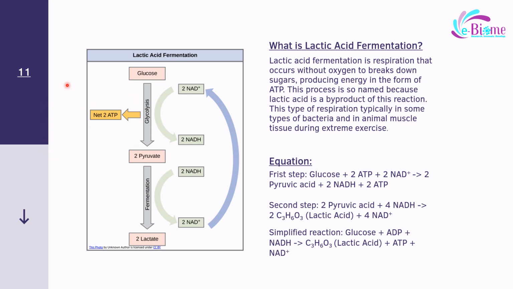As you can see, the only ATP generating step here is the glycolysis reaction, which is why this reaction overall is so inefficient. Here are the basic equations for both steps in the reaction and an overall simplification. That should make it easier for you to follow what's going on. The key thing to note is that the electron carriers are being reset so they can prepare to start the next round of glycolysis.